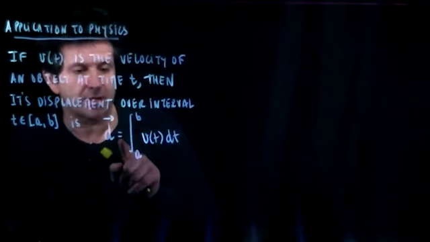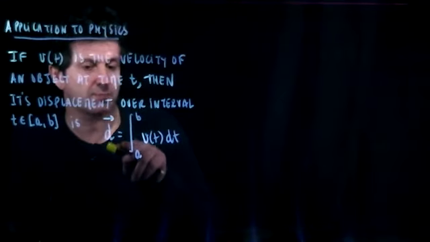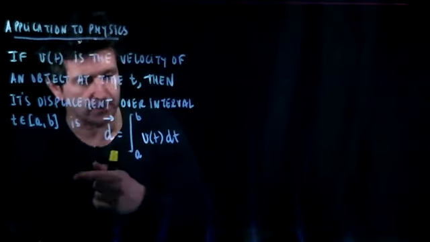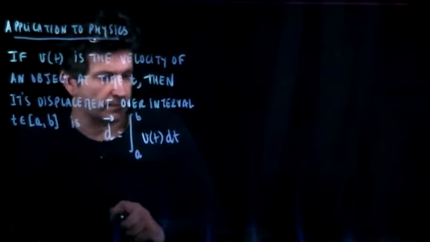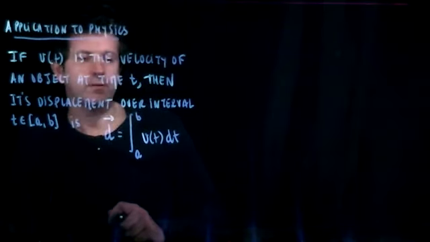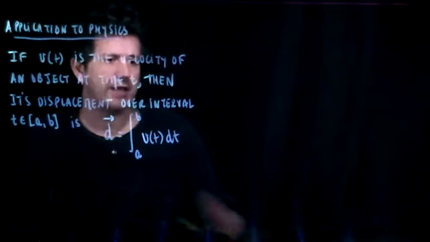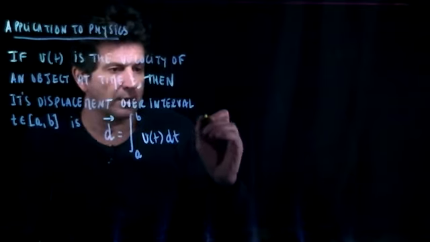And the answer to this could be either positive or negative. If it's positive, it's a positive displacement. If it's negative, it's a negative displacement. That's why I put an arrow, because it's a vector. This could be seen in physics.